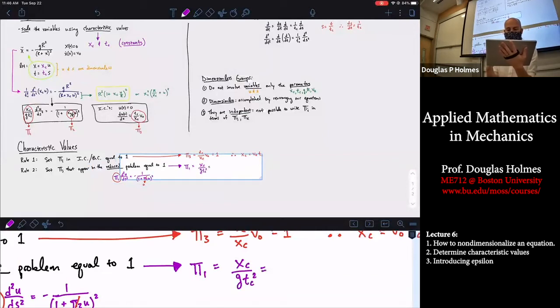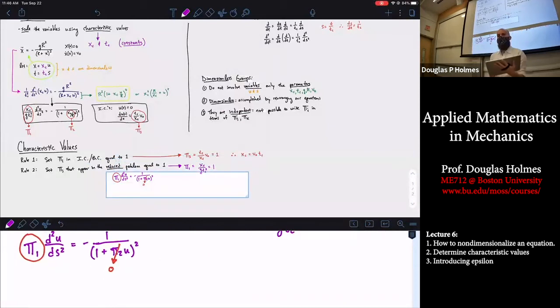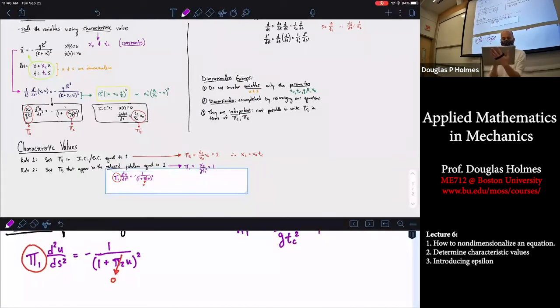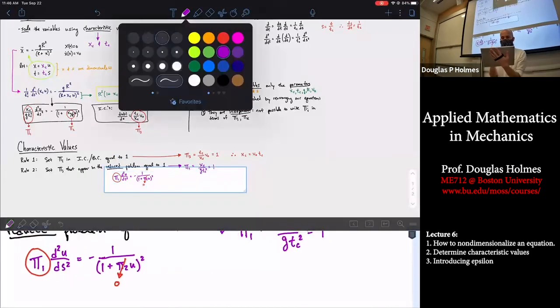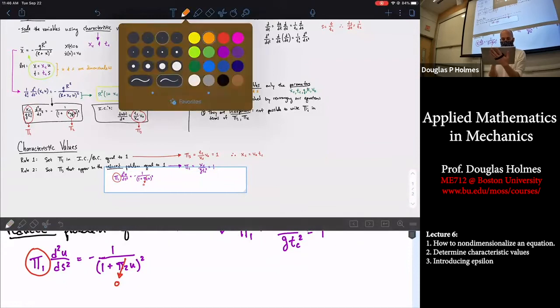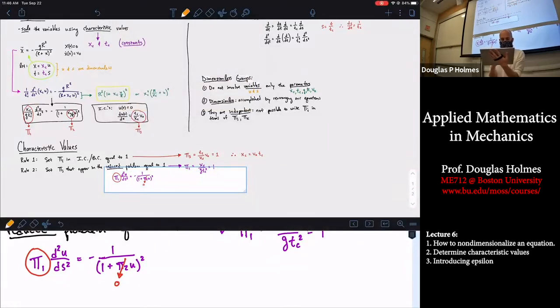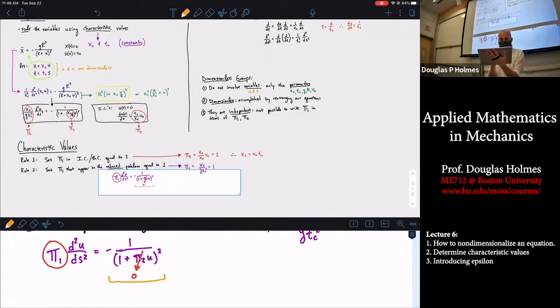Were you setting pi 2 equal to 0 or to 1? In the reduced problem, I'm setting it equal to 0. Okay, so this is for the reduced problem, to be clear. By reduction, pi 1 is equal to 1, not that we're necessarily setting pi 1 equal to 1.